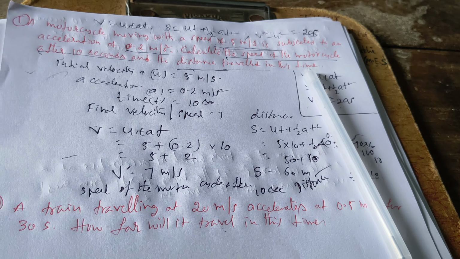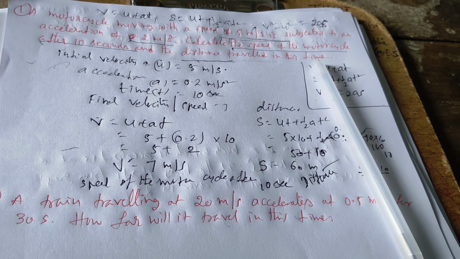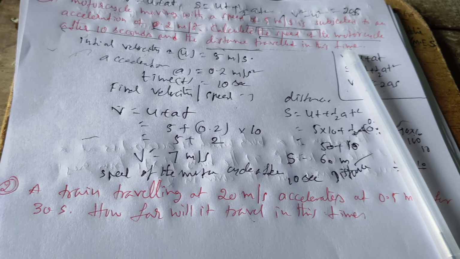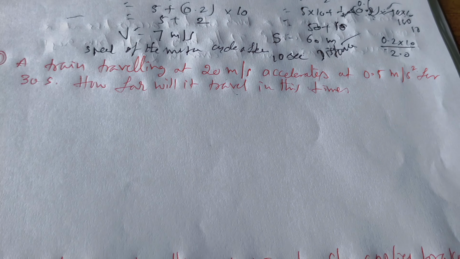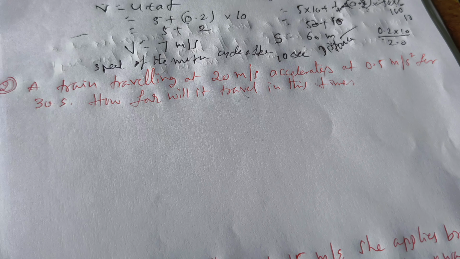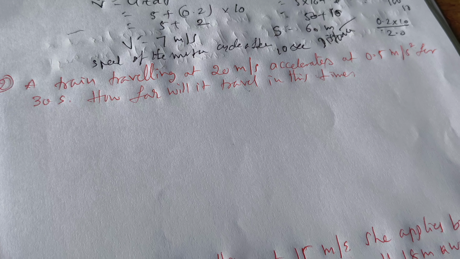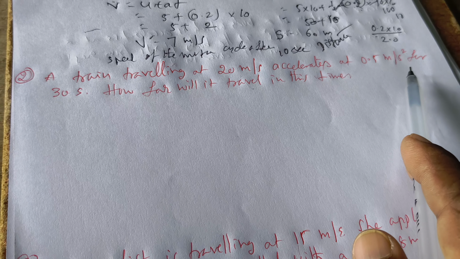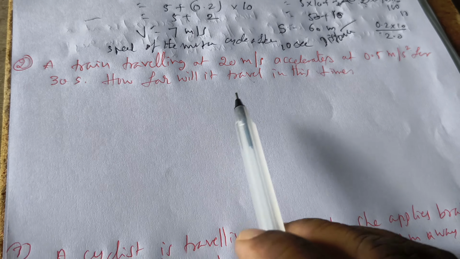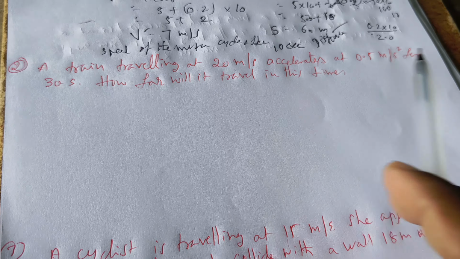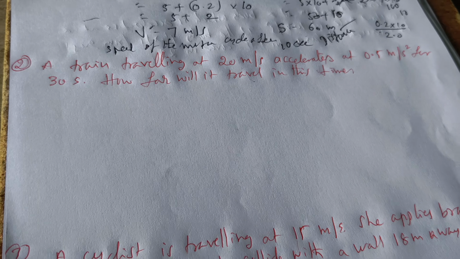In this way we need to practice the problems. Coming to the next problem: a train traveling at 20 meter per second accelerates at 0.5 meter per second square for 30 seconds. How far will it travel in this time?